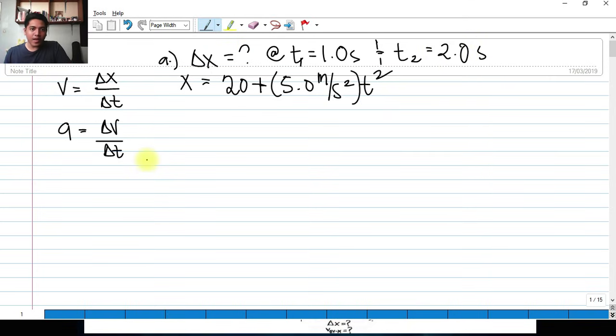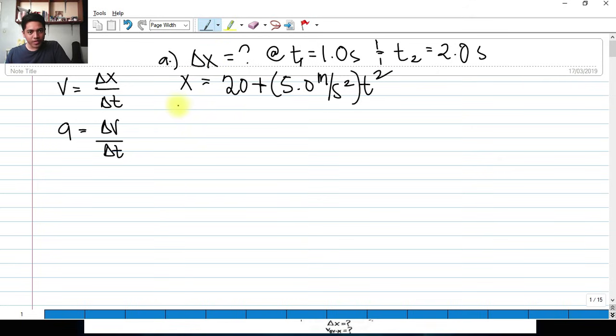Let us realize that this x is the position of the cheetah as a function of time. So at t equal to 1, the position of the cheetah is 20 plus 5 times 1, that is 25. So at t sub 1, the position of the cheetah is 25 meters away from the observer.